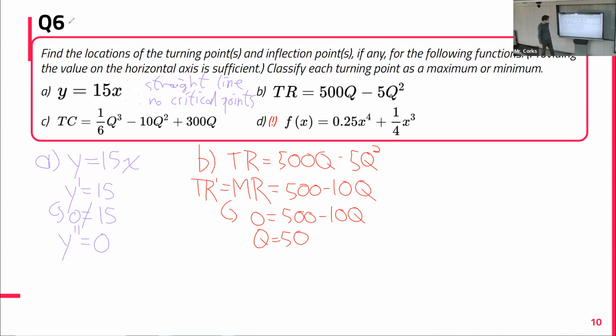All right, we are also asked to classify as a maximum or a minimum. How do we do that? Second derivative. Okay, so total revenue double prime is equal to marginal revenue prime. All right, -10. What does that tell us?